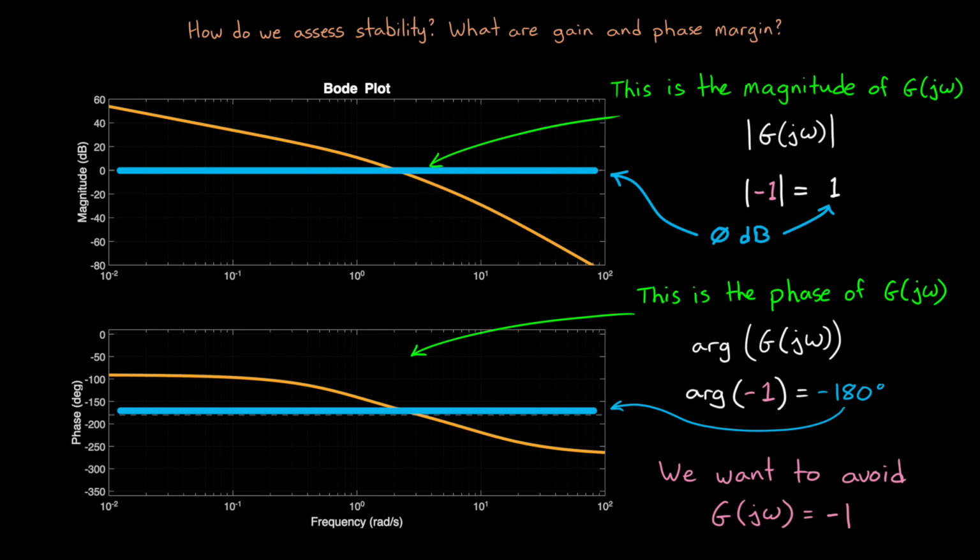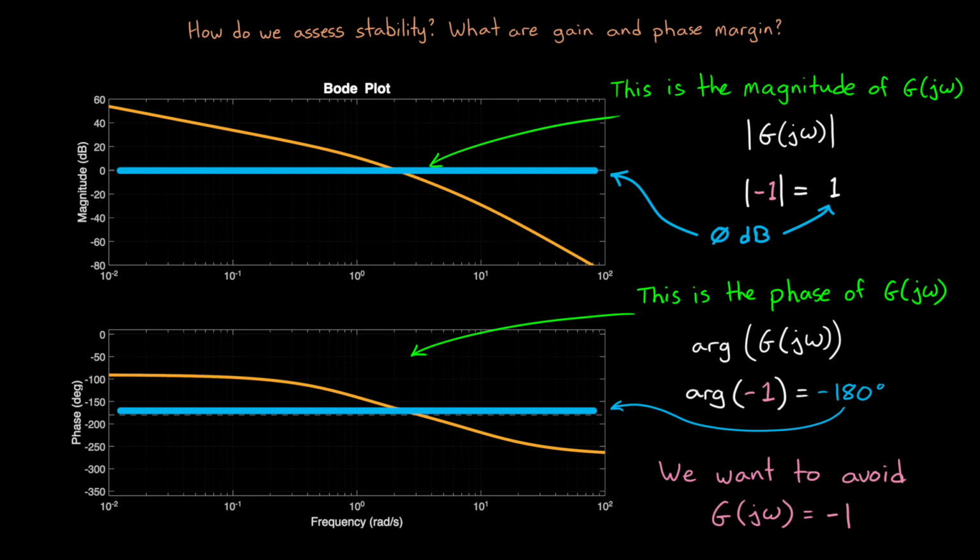But minus 1 only occurs when 0 dB and minus 180 degrees happen simultaneously at the exact same frequency. Therefore, as we look at this Bode plot, if any frequencies along this whole spectrum produce 0 decibels and minus 180 degrees of phase, then we know that G of j omega equals minus 1.